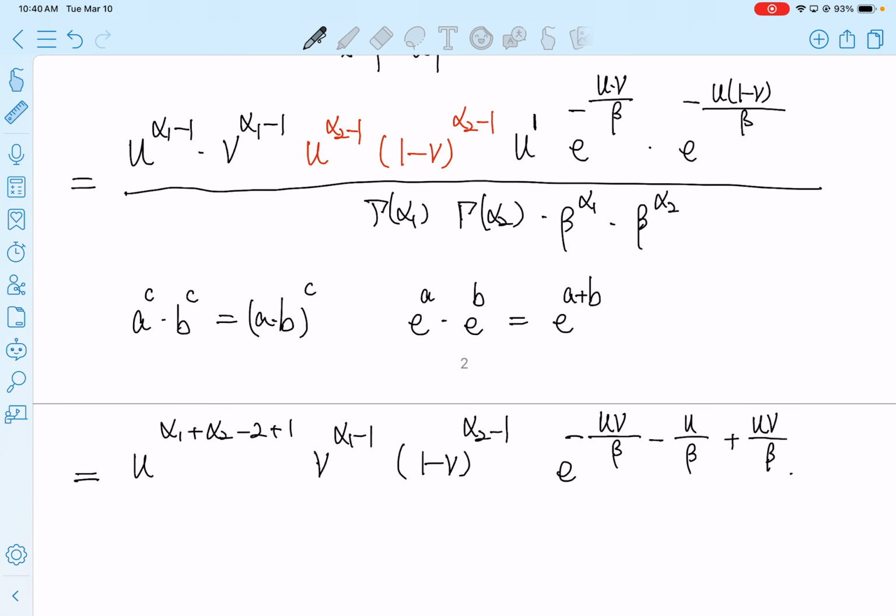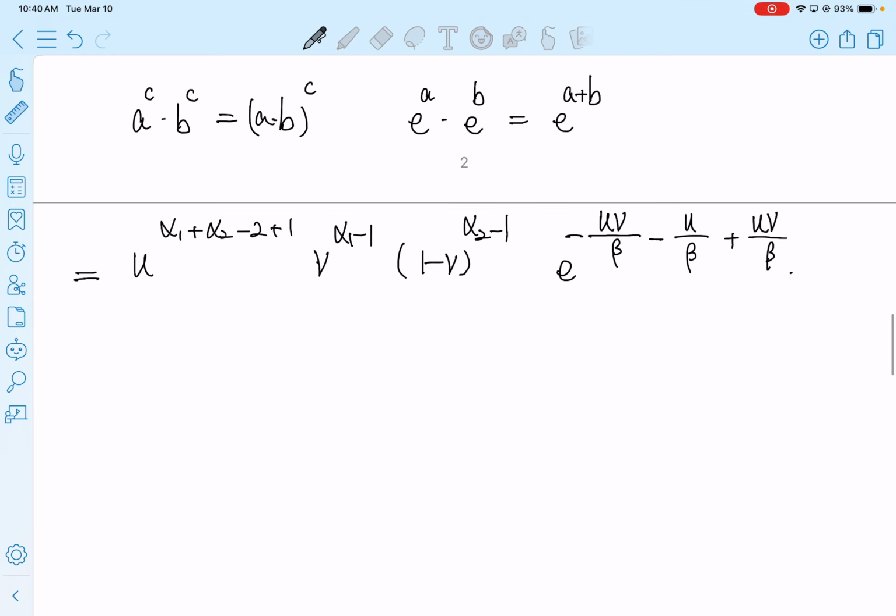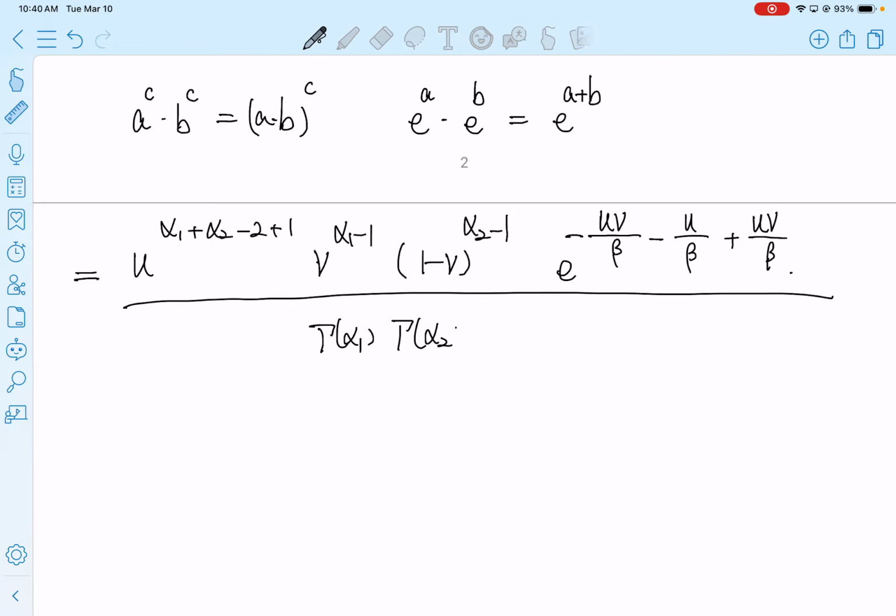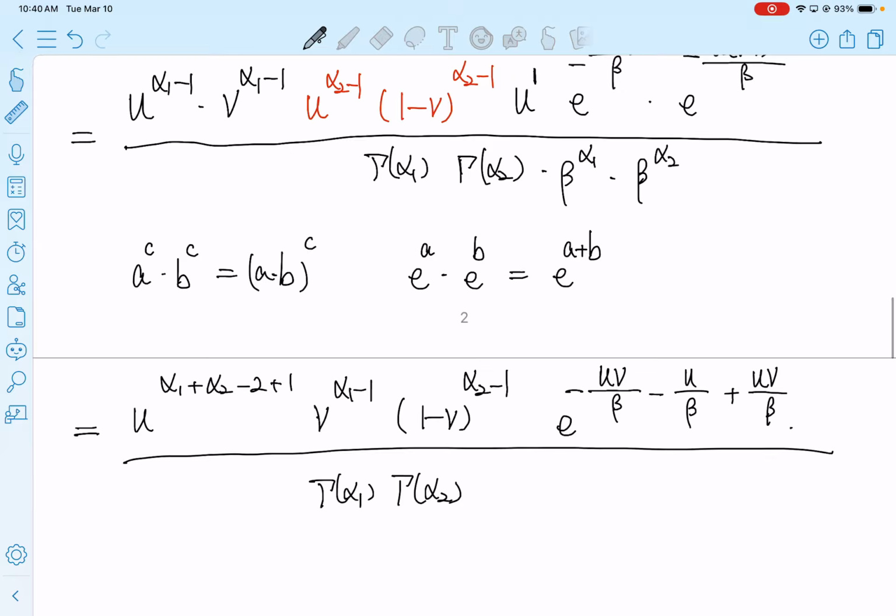Okay, so now I've finished handling the numerator. Let's keep the denominator as they are. So for the denominator, we have the gamma function of alpha 1, gamma function of alpha 2. Here, let me also group the power together: beta raised to the power of alpha 1 plus alpha 2.